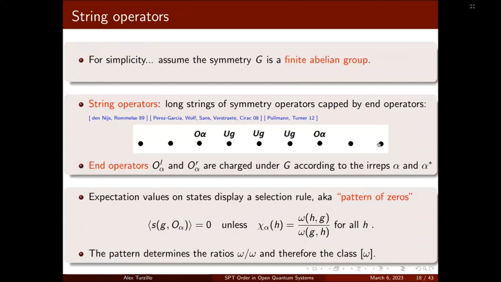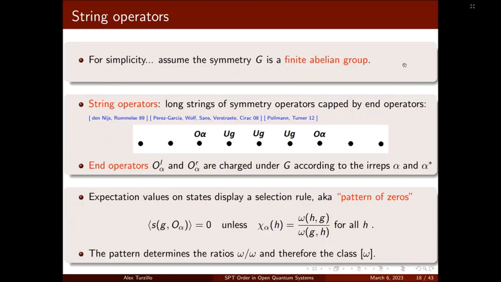So where string operators come in is extracting the class of those projective representations. Going forward, I'll just assume G is a finite abelian group. As we saw in previous talks, the string operator is just acting on some bulk of the string with the symmetry and acting on the ends with some charged operators.